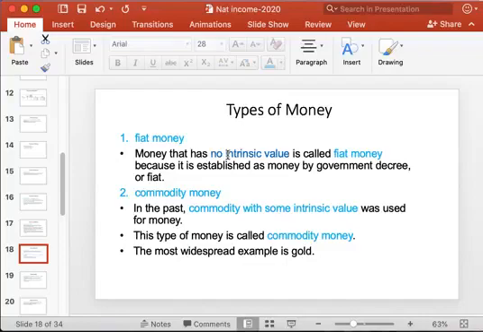The example of fiat money is the currency that we have. For example, 100 Newton currency is fiat money, and it has no intrinsic value. Its value is worth just the paper. So if you really see, it has no intrinsic value, and that is why it is called fiat money.